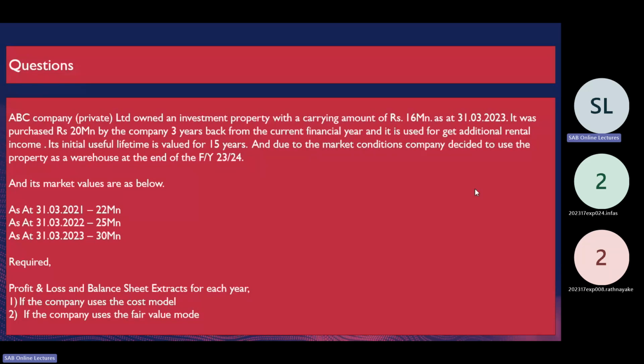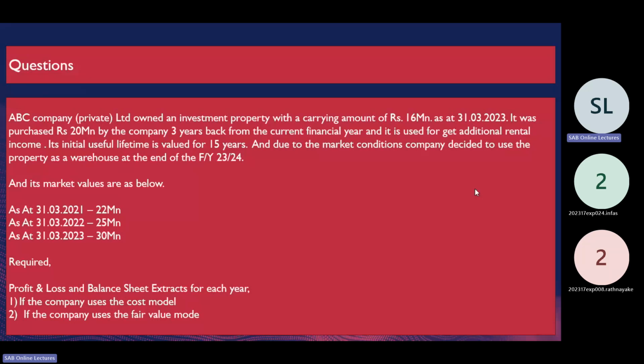ABC Company Private Limited owns investment property with a carrying amount of 16 million as at 31st March 2023. It was purchased for rupees 20 million by the company, some years back from the current financial year, and it is used to earn rental income.